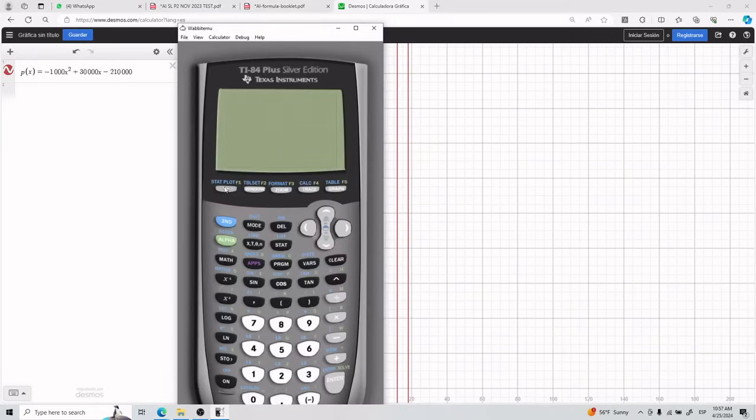Let me do it in my graphing calculator, see? Usually Desmos is good for doing it quickly, but in this case, seems like not so much. So just so you guys finish getting convinced, 210,000. I'm going to change my window a little bit, so I'm going to say x min is 0. My max is going to be 30 because at x equals 15 is my max, right? And my y max is probably going to end up being really big values.